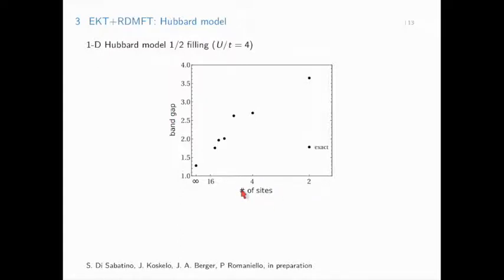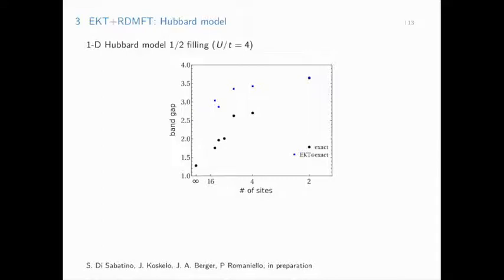In black and in blue are the results obtained with the EKT formulation, using the exact reduced density matrices as ingredients. We see that except for L equal 2, the dimer, we obtain the exact result. In general, we have an overestimation of the band gap. And this overestimation is a general trend that we observed in the EKT.